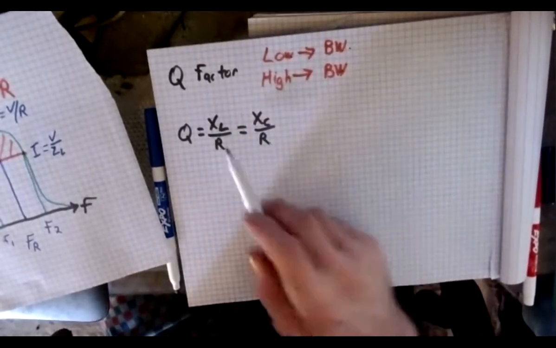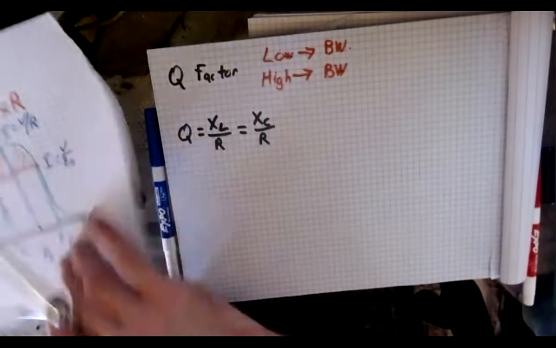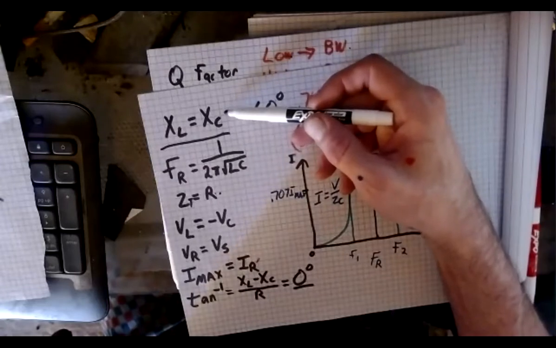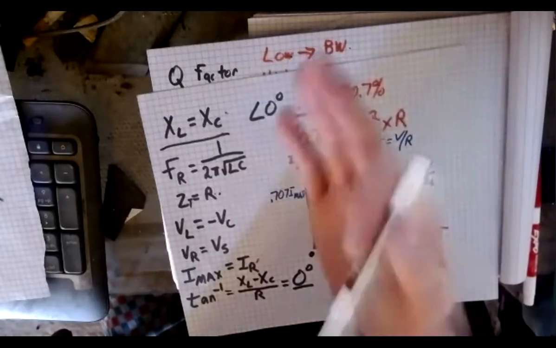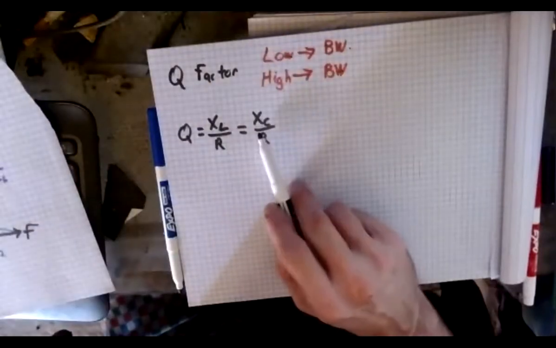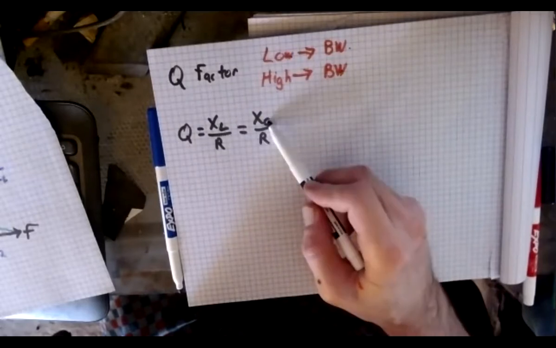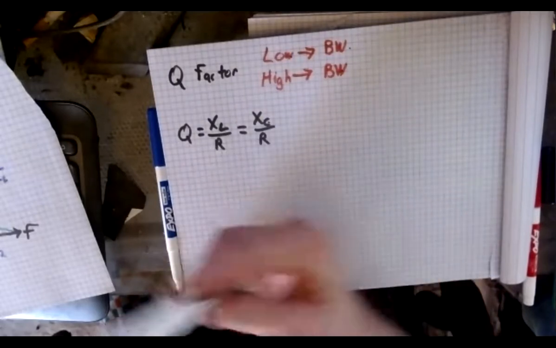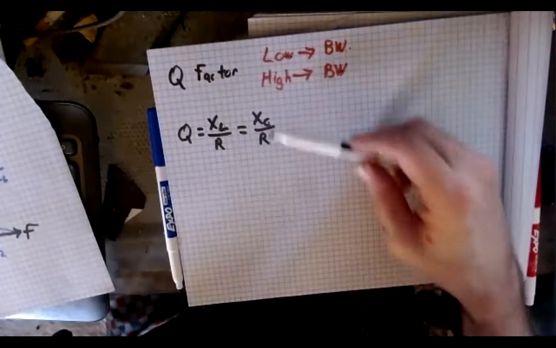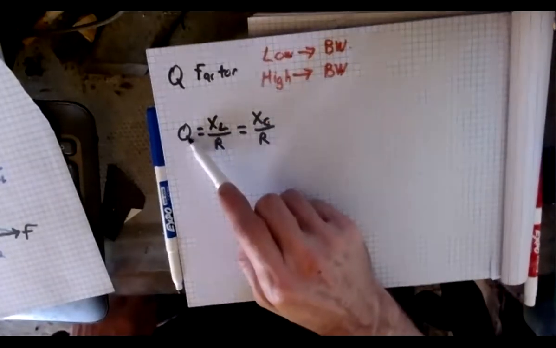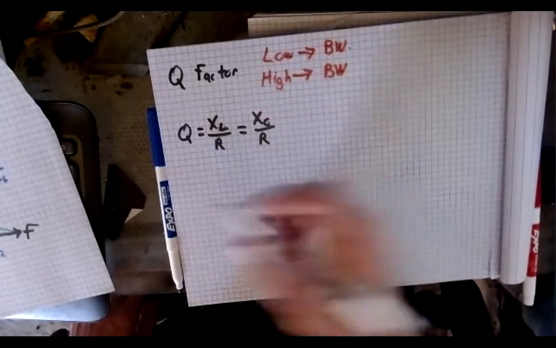And I can state this because, going back to my original, X of L equals X of C. They should be the same, so either of these should give me the same result. Because if this number is the same as this number, and R is the R value of the circuit, then when I plug either one of those in, I should be able to get my Q factor, right?